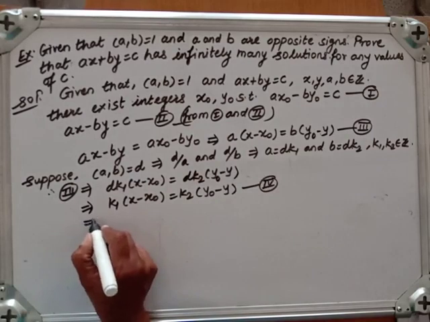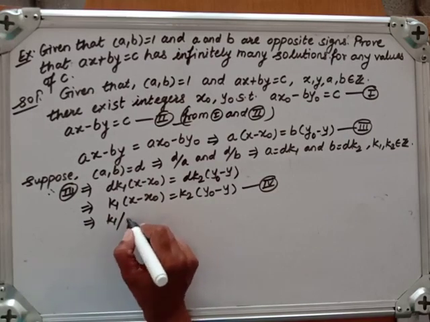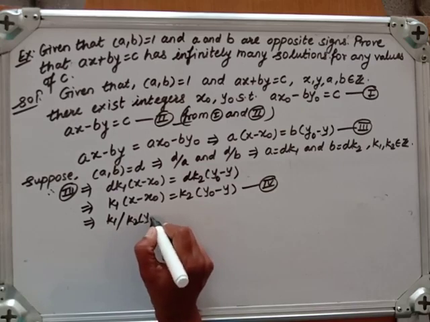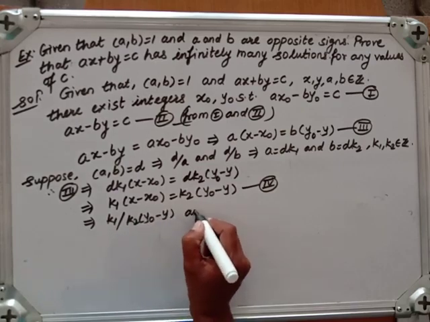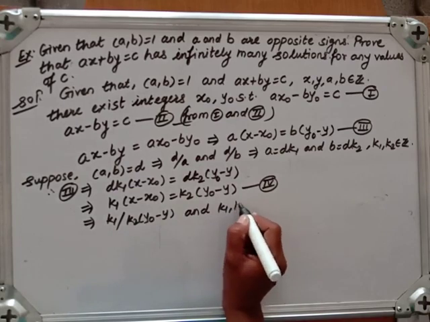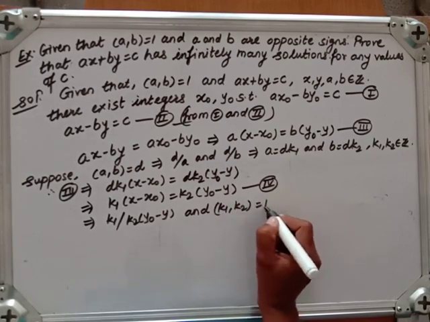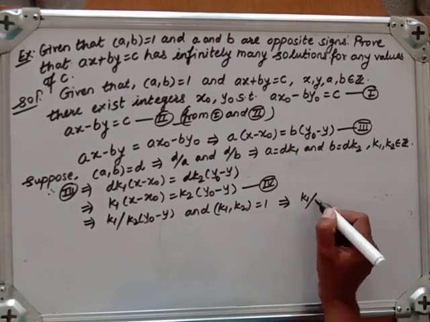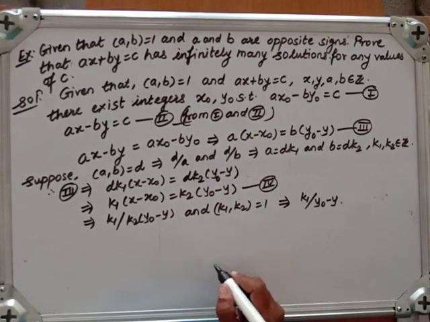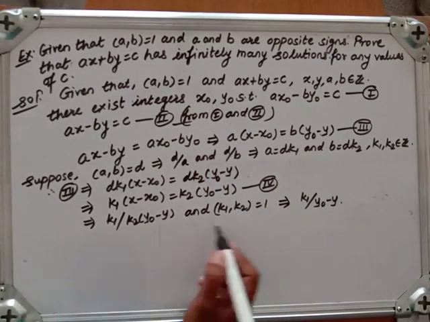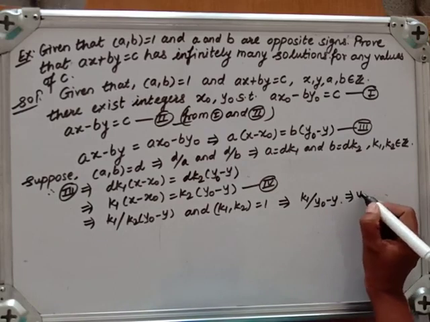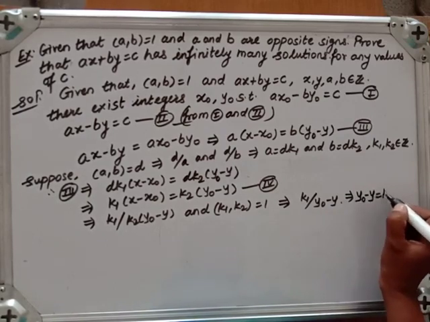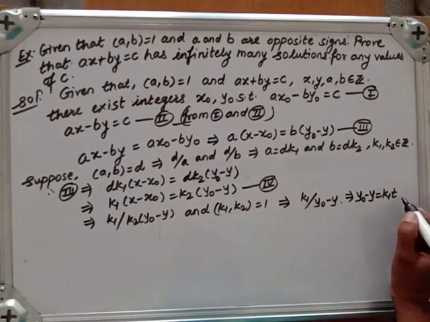This gives us k1 divides k2 into y0 minus y, and k1, k2 are relatively prime. So this gives us k1 divides y0 minus y only. So y0 minus y is equal to k1 into t, for t in Z. Call it equation number 5.